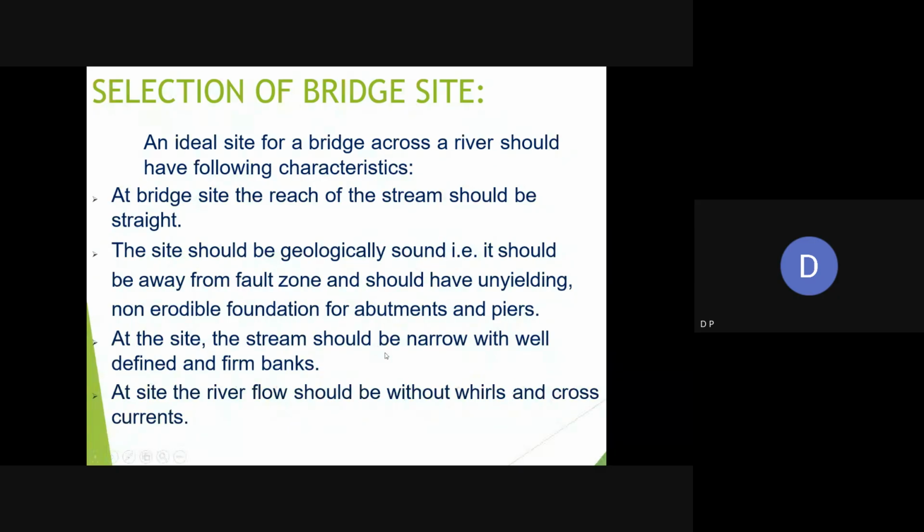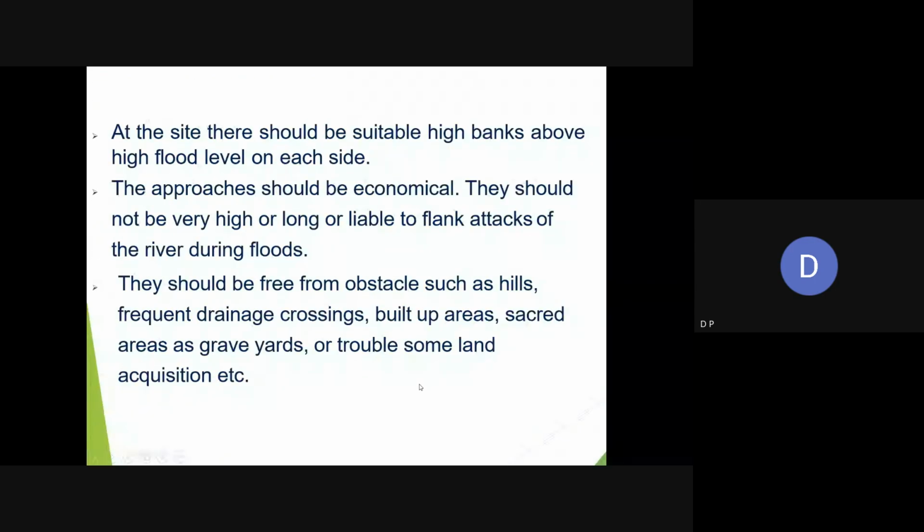At the site, the stream should be narrow with well-defined and firm banks. The river flow should be without whirls and cross currents. There should be suitable high banks above the high flood level on each side.